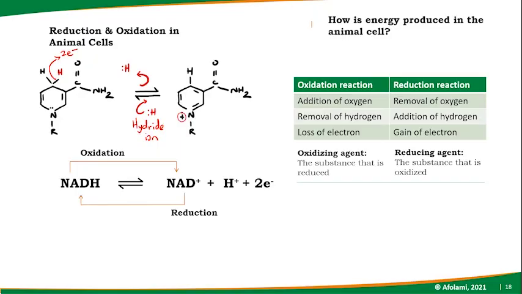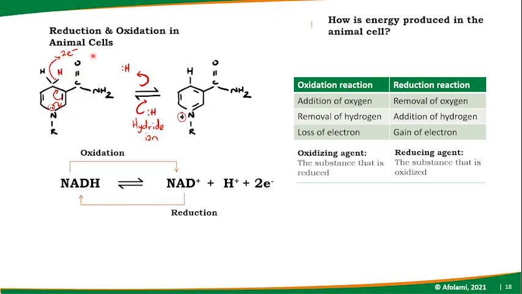Meanwhile, to cater for the loss of these electrons, there are electron shifts from this bond to that bond, and in the process the lone pair on the nitrogen is transferred to this bond, and we can see how the NAD plus is formed through the loss of these 2 electrons.